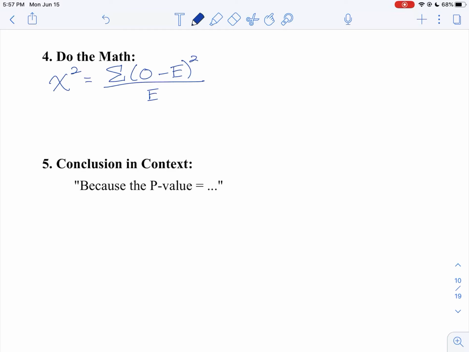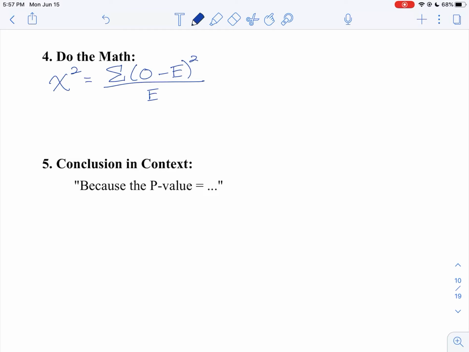So our chi-square statistic is our observed minus our expected for each of our different categories. In the M&M's situation, it would be the observed number of reds that you got minus the expected number. Square that value, add those all together for each of the different colors, and then divide each of those by their expected count.